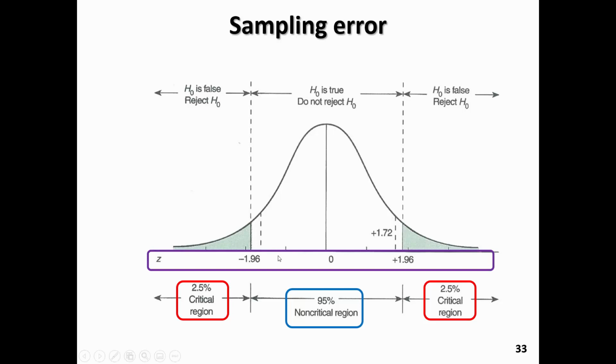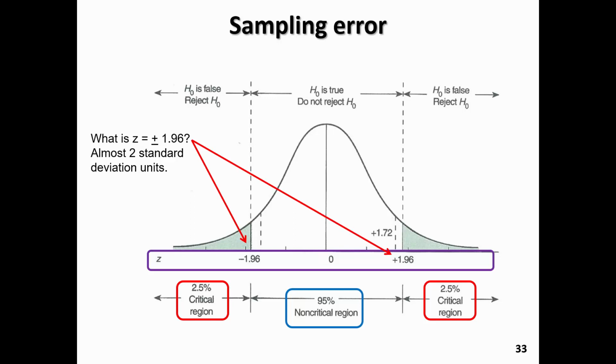So in this distribution here we see the x-axis, which is a measure of the outcome variable or the dependent variable in standard deviation or z units. And the z value of plus or minus 1.96, it's almost 2 standard deviations, not quite, is the level where we see the 95% of the area under the curve that is captured.